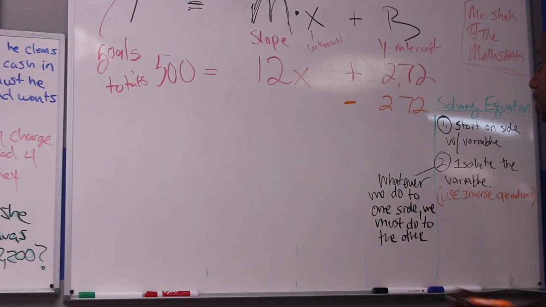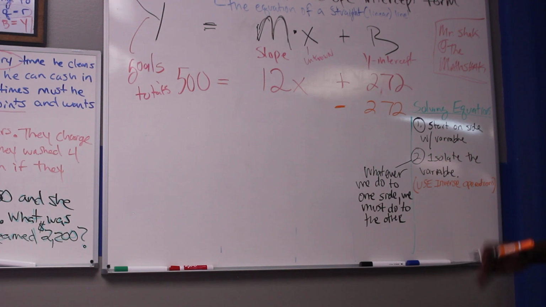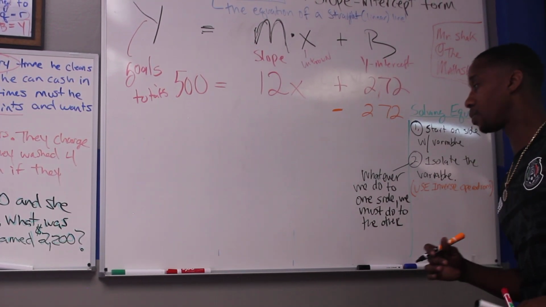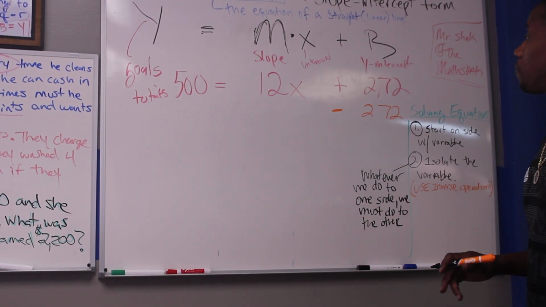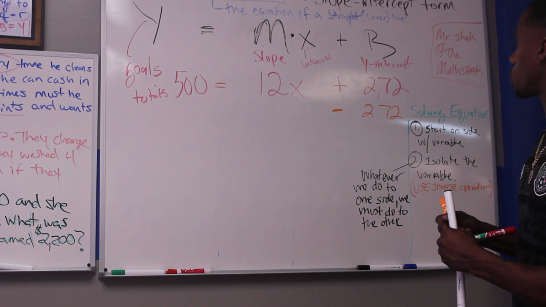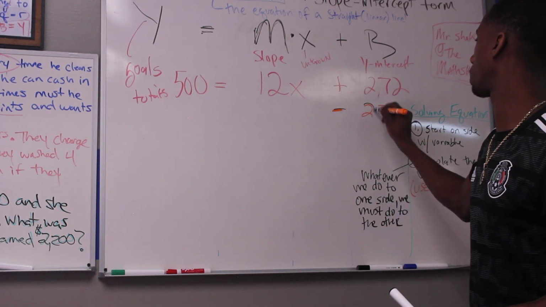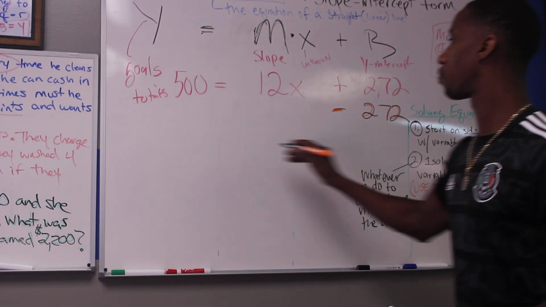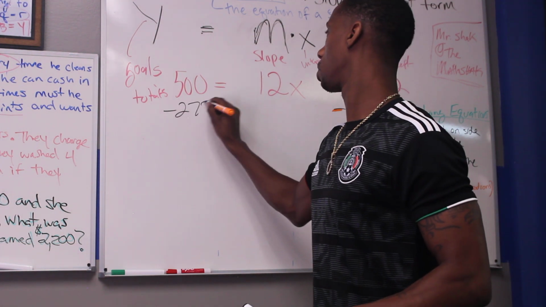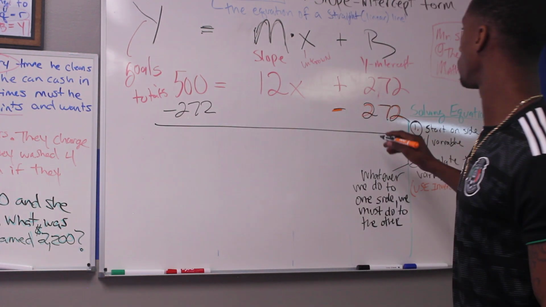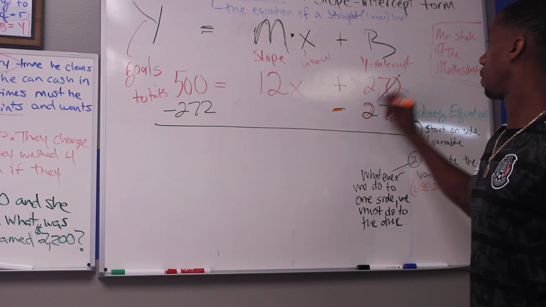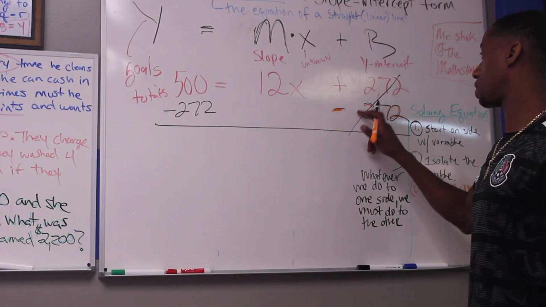So solving equations is roughly 3 steps with some sub steps. I'll get to the final step in a second. Let's make sure we're sticking to the rules and we're subtracting 272 from both sides. If I subtract 272 from both sides, these cancel out.